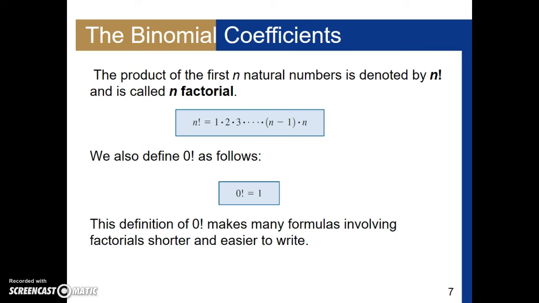So in factorial, we start with 1, then times 2, then times 3, and we multiply every single integer from 1 all the way up to n. We multiply those together, and we say that that is n factorial. So for instance, 6 factorial is 1 times 2 times 3 times 4 times 5 times 6.